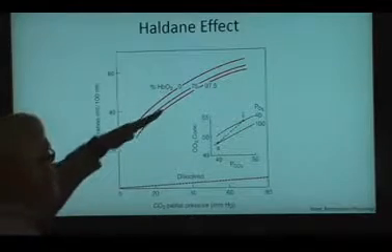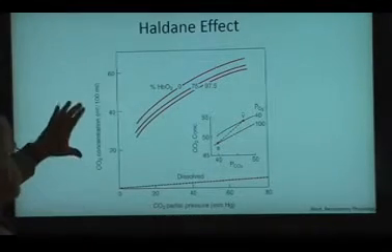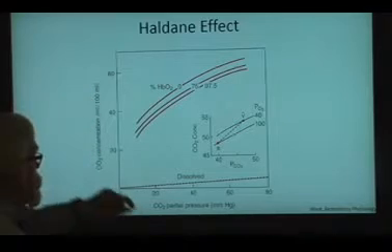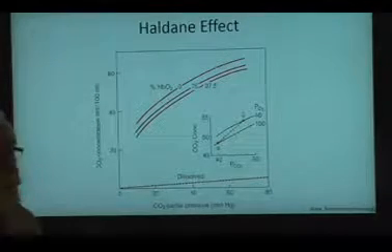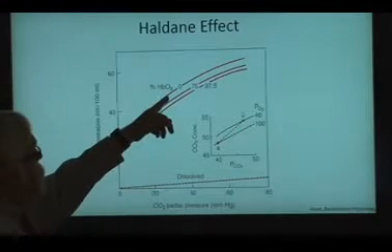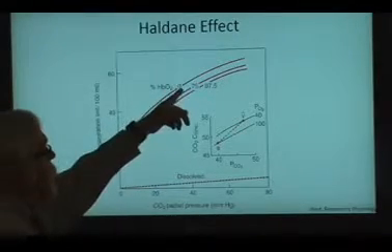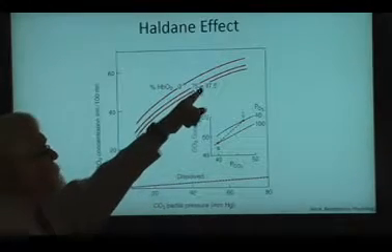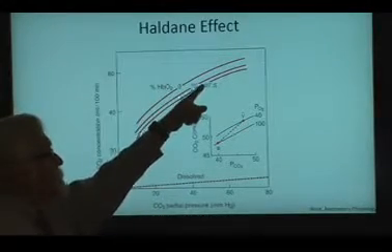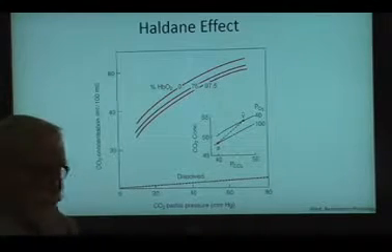So you appreciate the linearity of the relationship between CO2 concentration and PCO2. But you also notice that the relationship is affected by the oxygen saturation. An increase in oxygen saturation causes the curve to shift to the right.